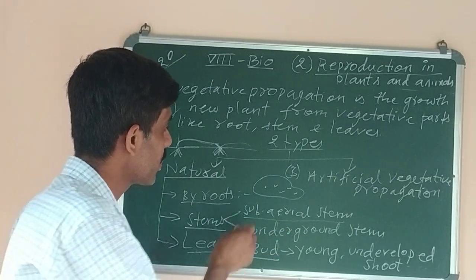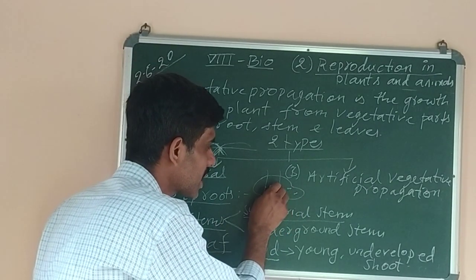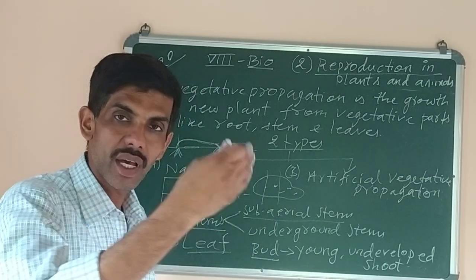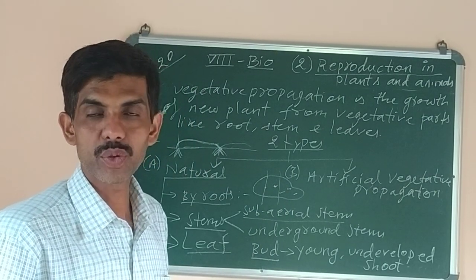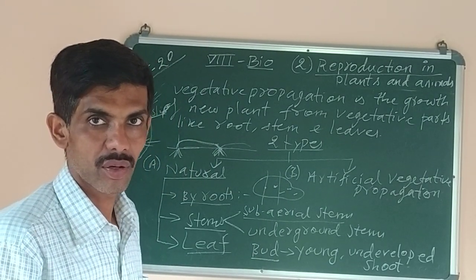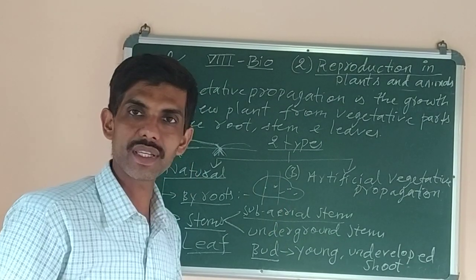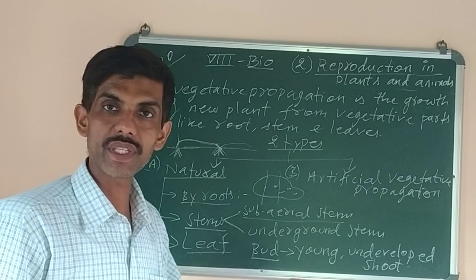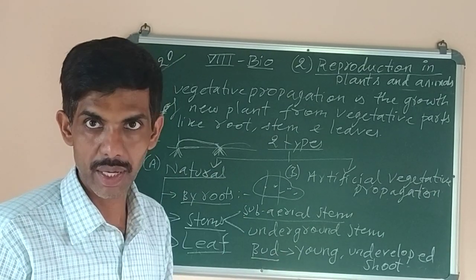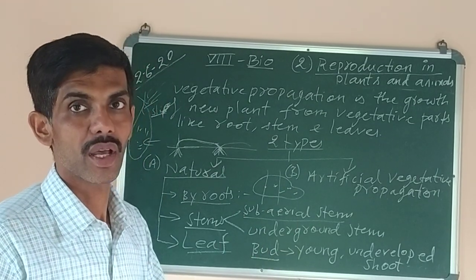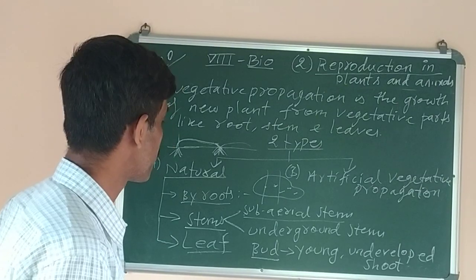When you cut it into many pieces, each piece containing an eye, it can germinate to give rise to a new potato plant. Okay, so it is the buds, the nodes which are present on this tuber, which give it the characteristics of a stem and which can germinate further to grow into a new plant.